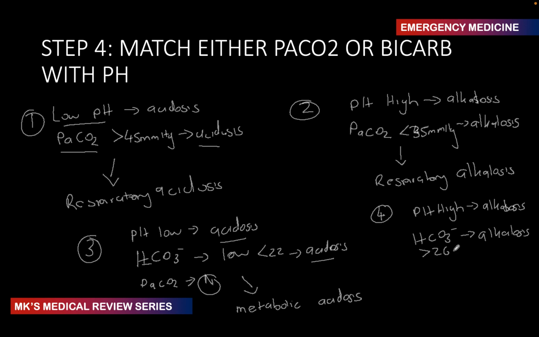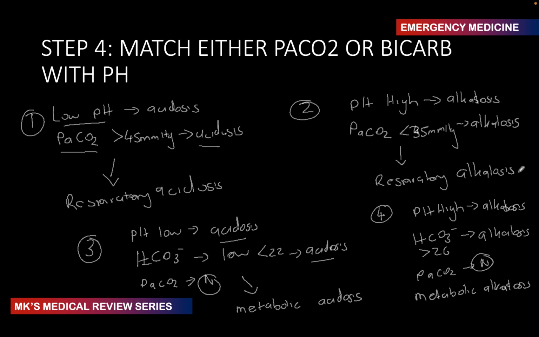So it means that this is most likely coming from a metabolic problem. And then again, you check your partial pressure of carbon dioxide. It may be normal in this case. Then this whole bracket that I've described here, this is a patient that has a metabolic alkalosis.